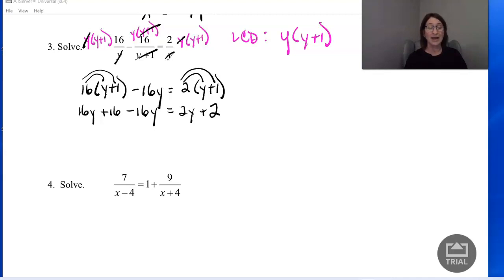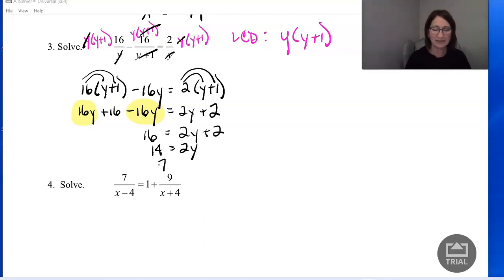So I see that on the left, 16y minus 16y is 0. So I've got 16 equals 2y plus 2. Subtract 2 from both sides. 14 equals 2y. Divide by 2, and I get 7 equals y.